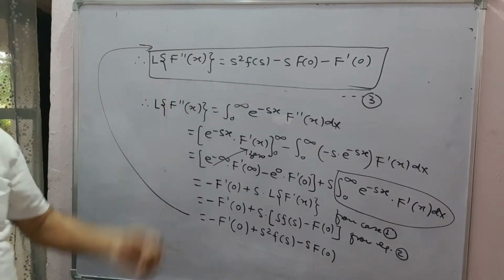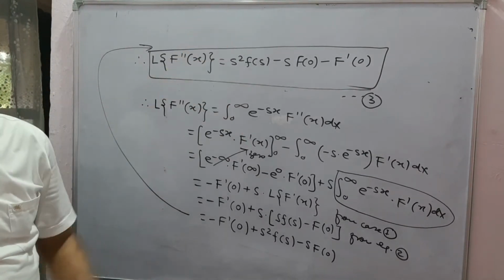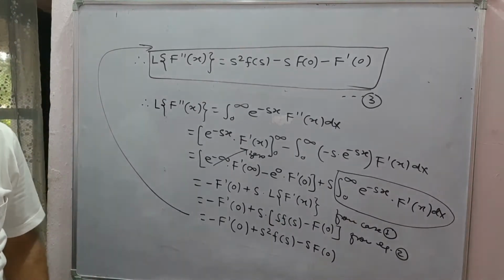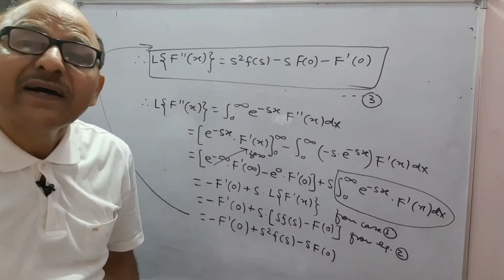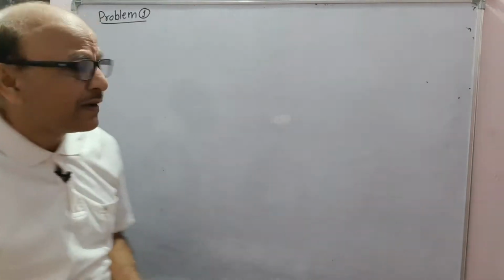The Laplace transform of the first derivative, equation 2, and of the second derivative, equation 3, must be remembered in order to solve differential equations. Now we solve some differential equations with the Laplace transform method.